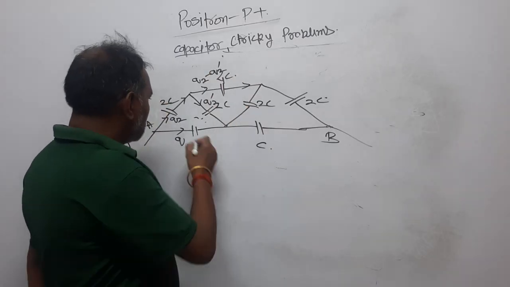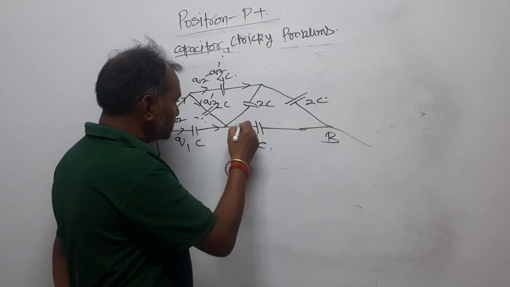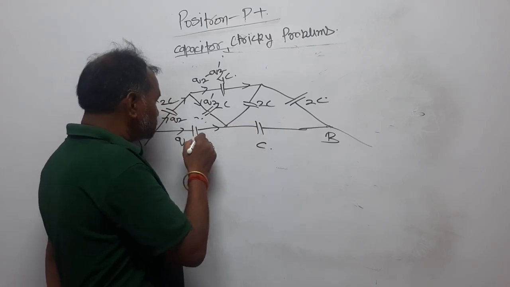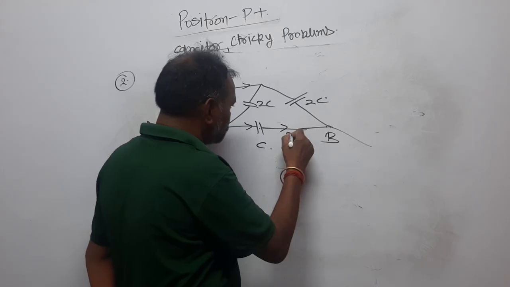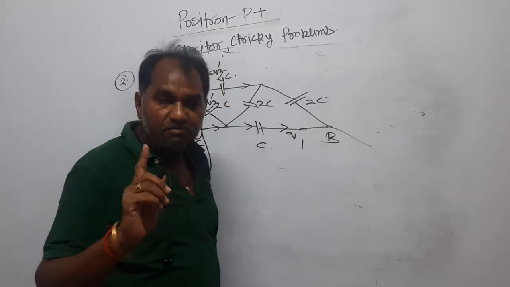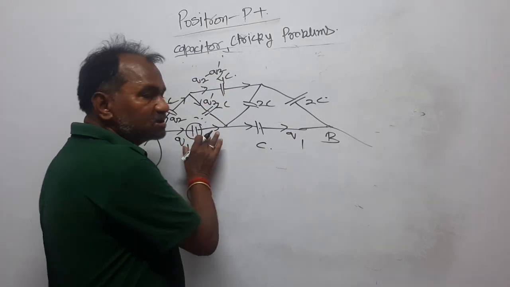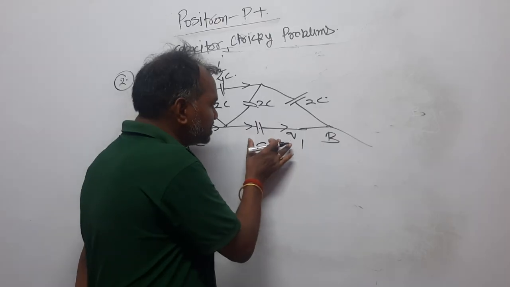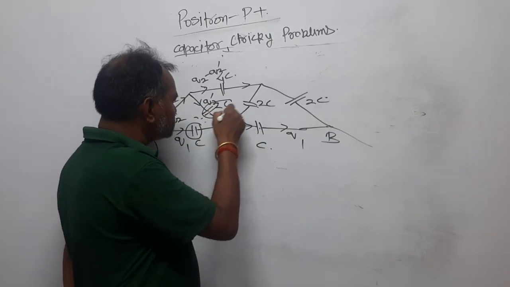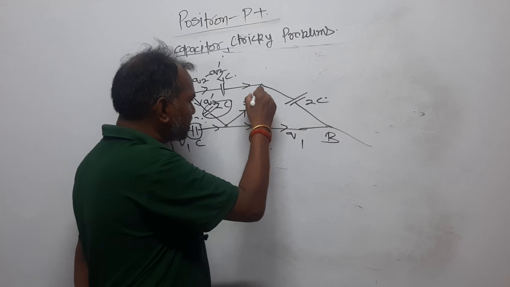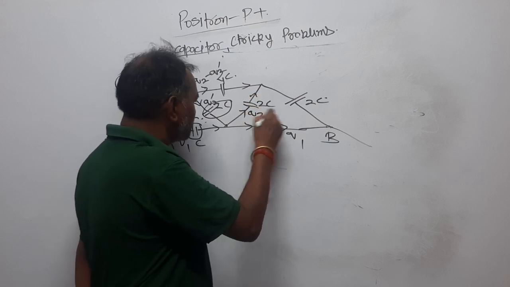Now, dear student, whatever charge is received by this capacitor, the same charge will flow through this, because of symmetry. Whatever charge is received by this 2C capacitor, the same charge will be received by this 2C capacitor.